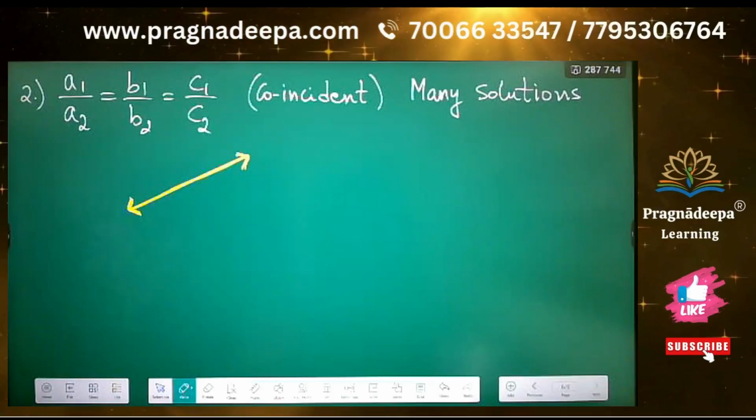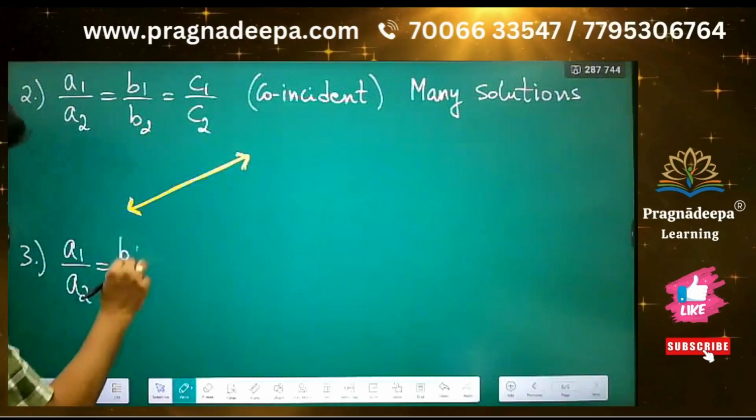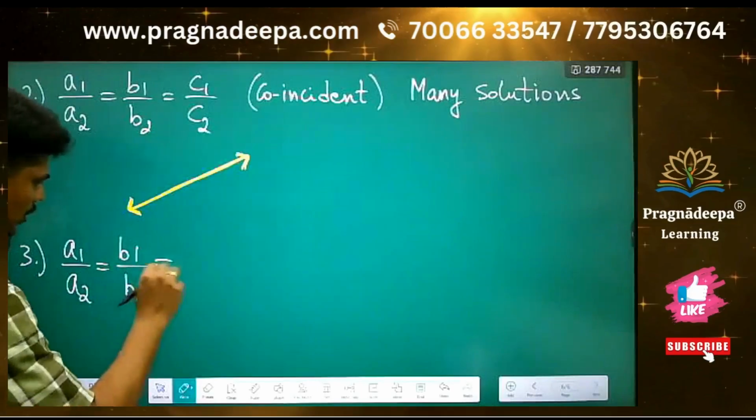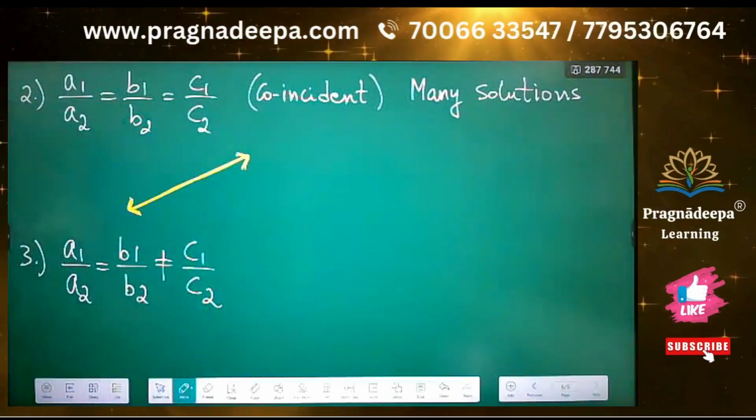Next, we have a1 by a2 is equal to b1 by b2 but not equal to c1 by c2. The ratio of the x coefficients and the ratio of the y coefficients are equal, but that is not equal to the ratio of the constant terms.